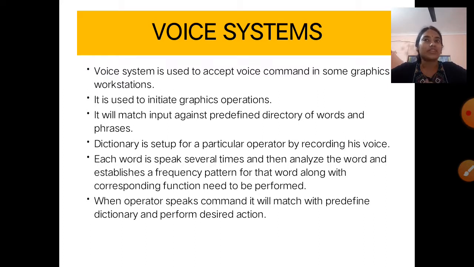The dictionary is set up for a particular operator by recording his voice. Each word is spoken several times, and then the system analyzes the word and establishes a frequency pattern for that word, along with the corresponding functions to be performed. Okay. When the operator speaks a command, it will match with the predefined dictionary and perform the desired action. Okay.